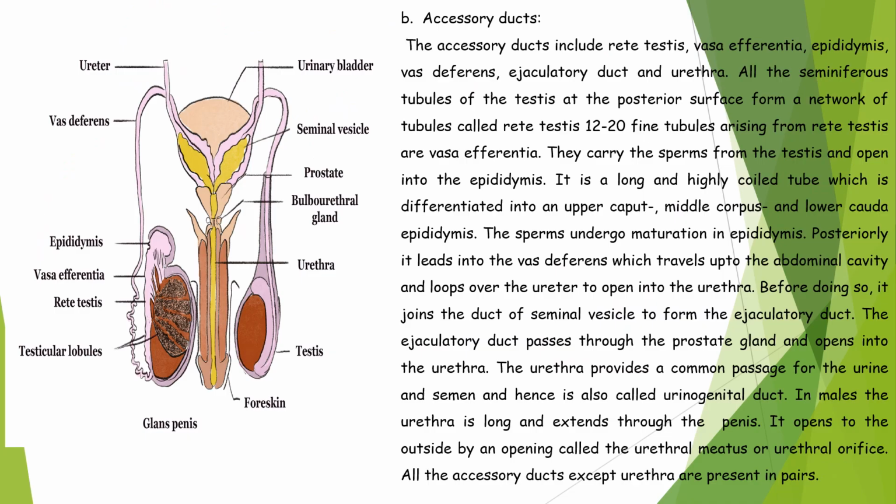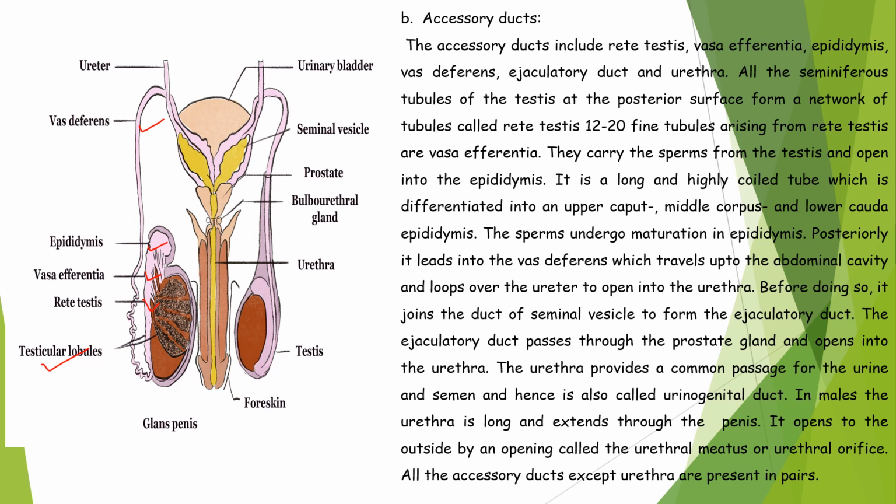Here in this diagram you can see the testes, two testes are there. Inside the testes there is a testicular lobule. Then these further grow to the rete testis, which further grows to the vasa efferentia, then to the epididymis, and then to the vas deferens.